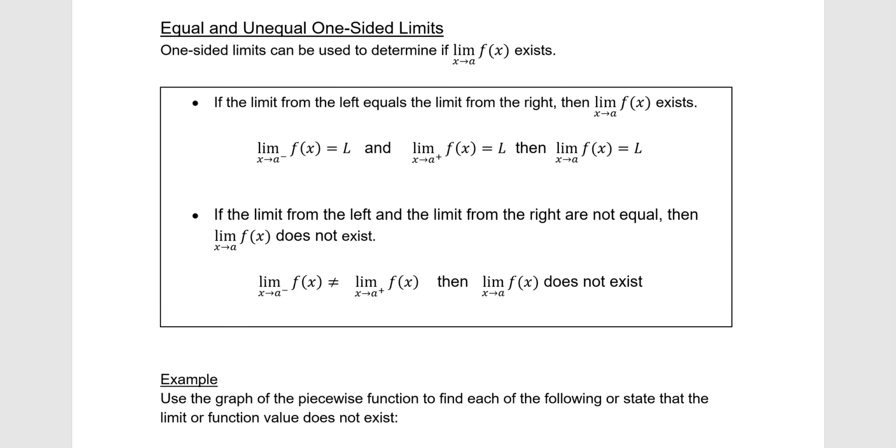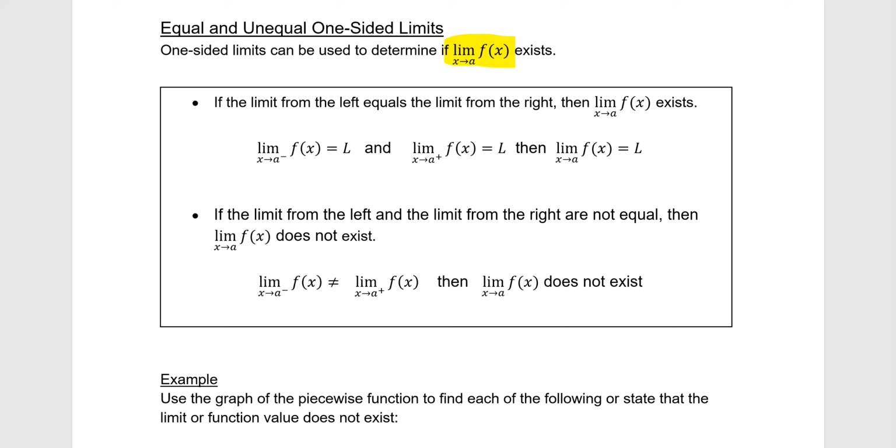Now we're going to see how these one-sided limits affect the limit in general. So one-sided limits are going to be used to help us determine if the limit in general exists. And when I say in general, I mean not from the left, not from the right, just the limit as x approaches a.